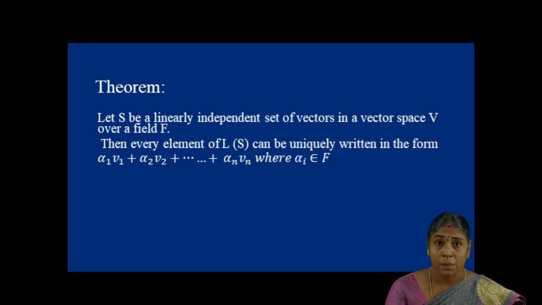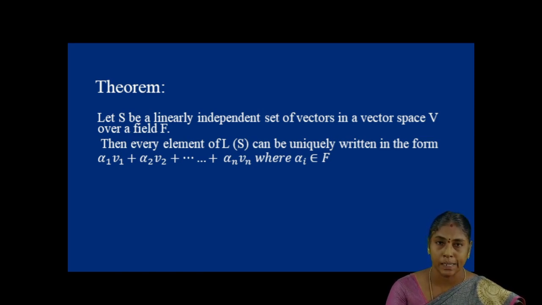In a vector space V, we can choose the elements as v1, v2 etc. vn. In a field F, the scalars can be chosen as alpha 1, alpha 2 etc. alpha n. But a linear combination alpha 1 v1 plus alpha 2 v2 plus etc. plus alpha n vn is nothing but a linear combination of vectors which belongs to the span. We denote that span set as L of S.